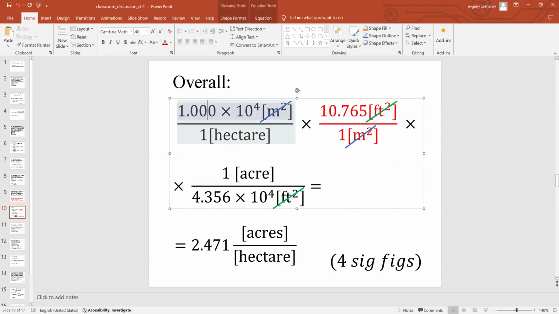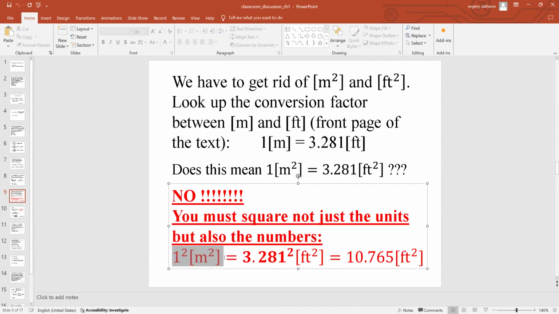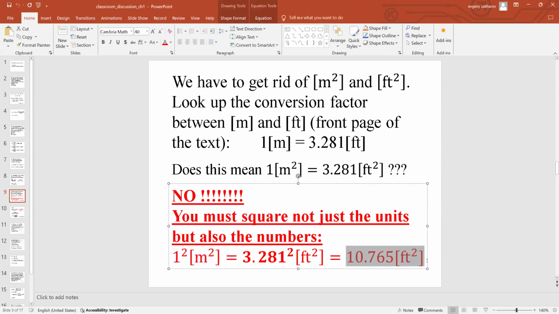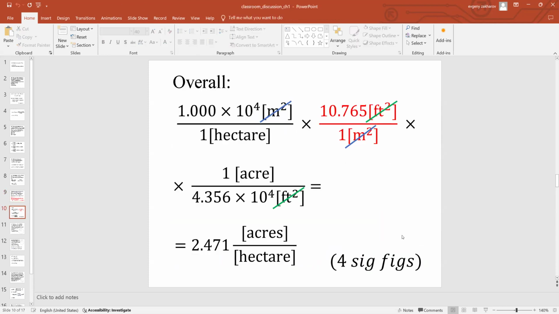So that's given. That's given. And we just figured out that 1 meter squared is 10 and a change feet squared. Now, where do you put meter squared? You have to put it down because you already have meter squared at the top. So meter squared at the top with meter squared at the bottom cancels out.